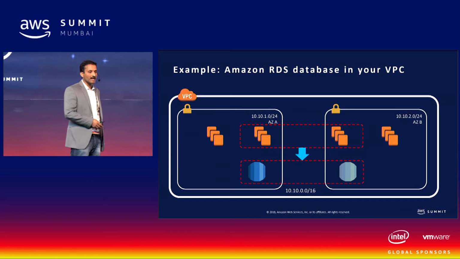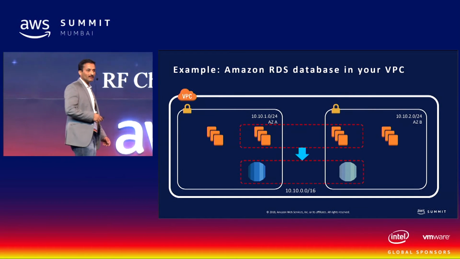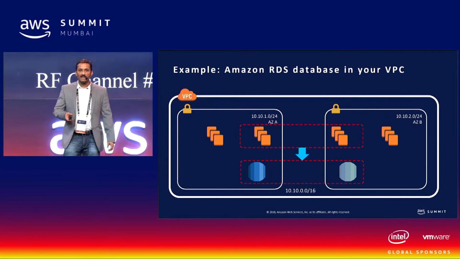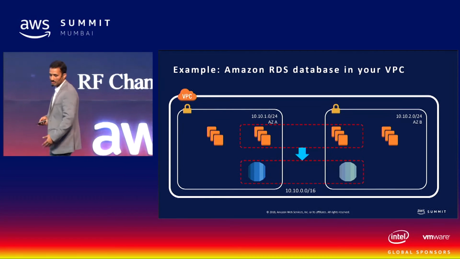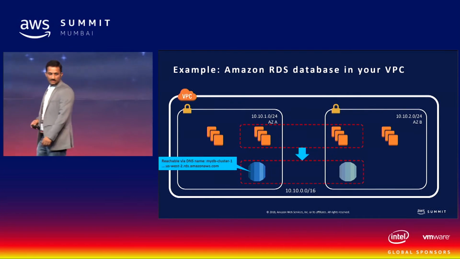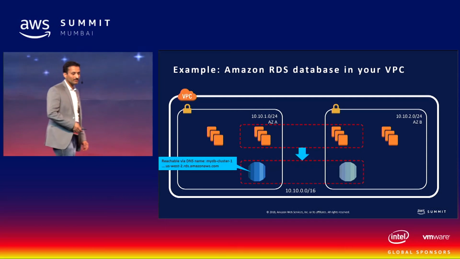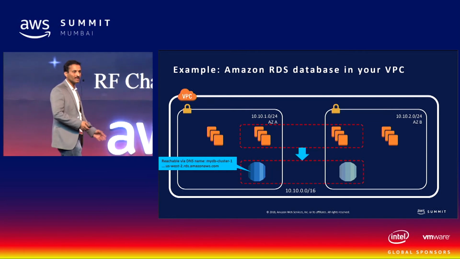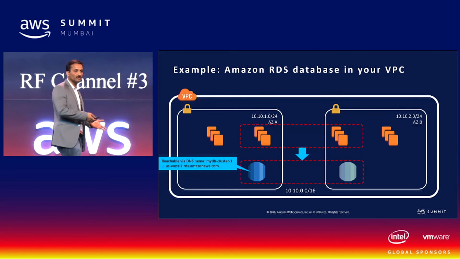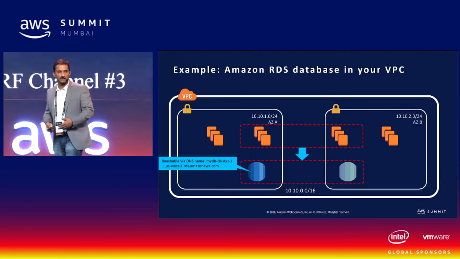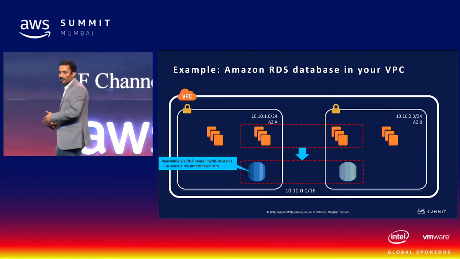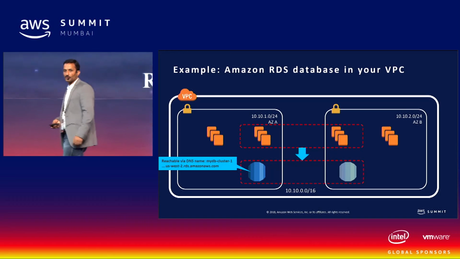In this scenario, the RDS in the left VPC will automatically sync up with the RDS in the right VPC, the database instance in the right VPC, synchronously. And the RDS endpoint will be accessible over a DNS name. So when the failover actually happens, you don't have to go and make changes to your application to point to a new RDS endpoint. That will be taken care of by the managed RDS service by default.